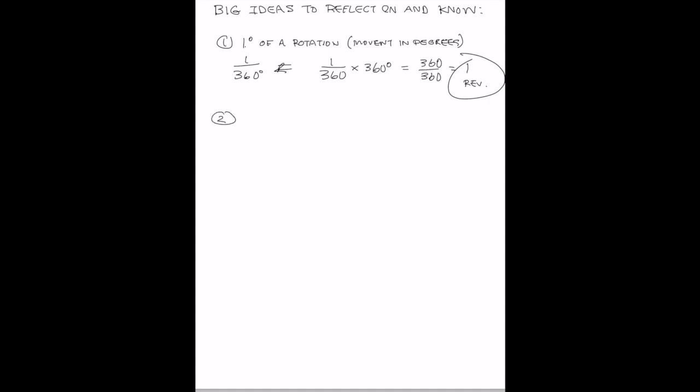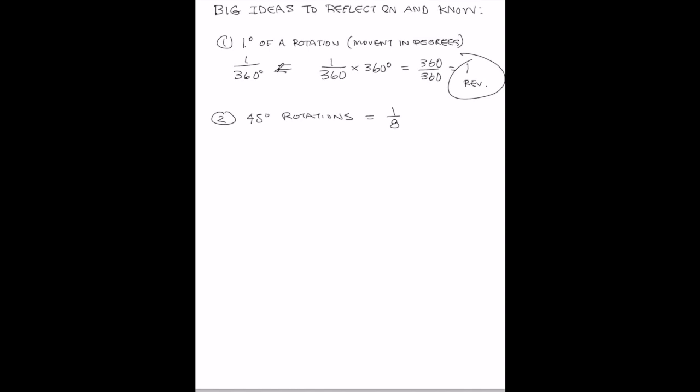The second point is that if we think about benchmarks, let's say 45 degrees, how many 45 degree rotations would give us a complete revolution? And we know 45 degrees is equivalent to, let's say, 1/8 from our pizza analogy of a slice.